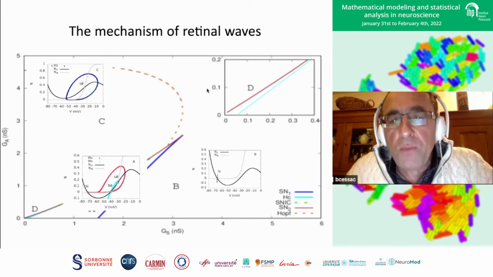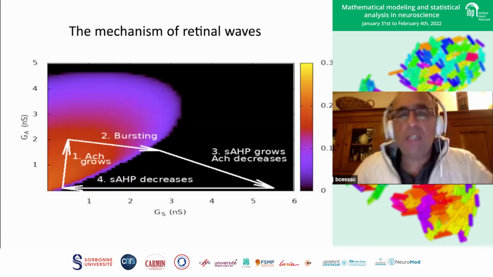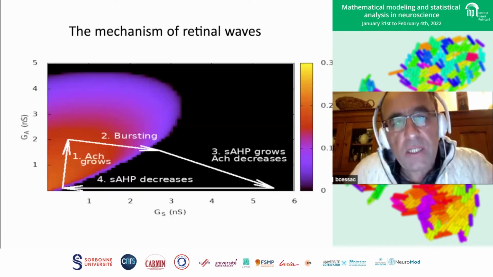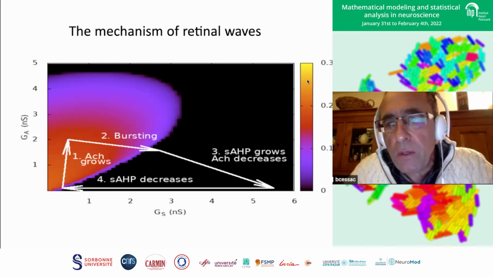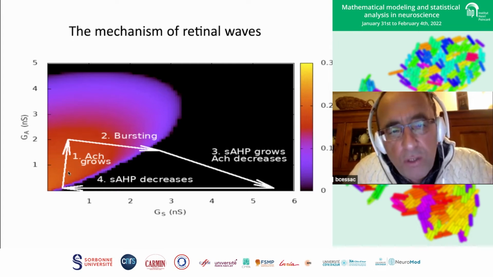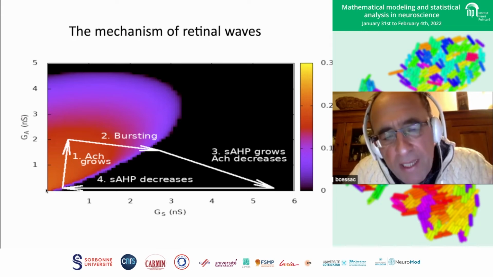Now, you can really summarize the dynamics of a wave in this bifurcation diagram, thanks to this figure. It's exactly the same thing, but here I have a color map which shows the average voltage of the cell, or the average level of activity of the cells. So you have regions where the cells are quite active, and here, of course, you have black.